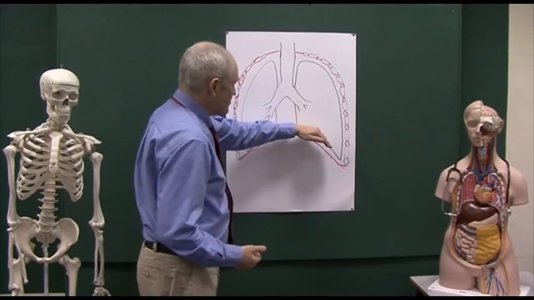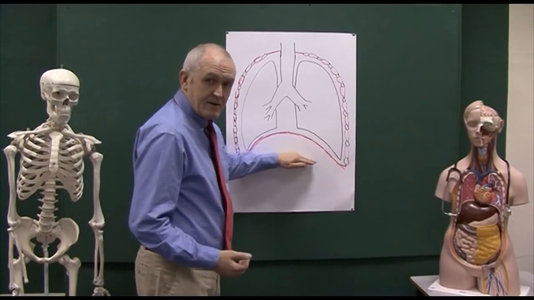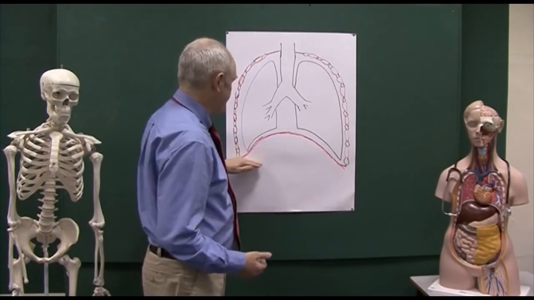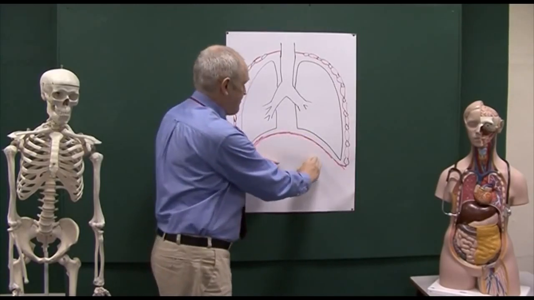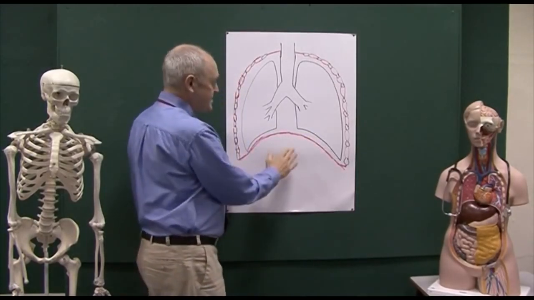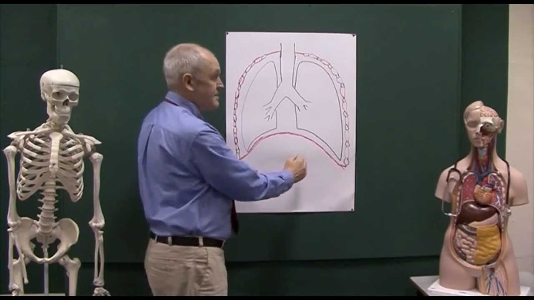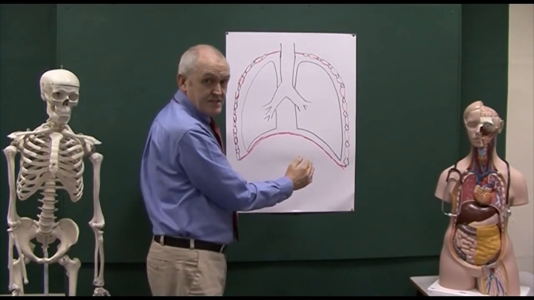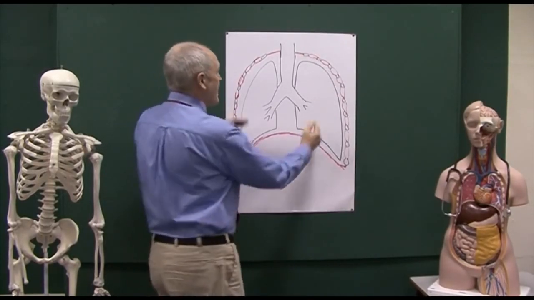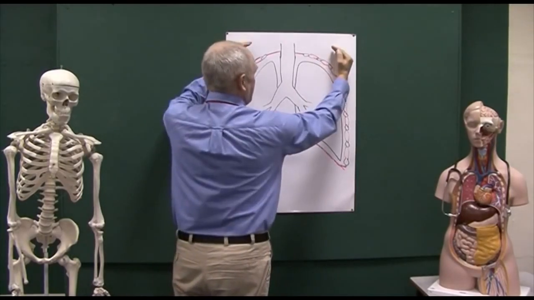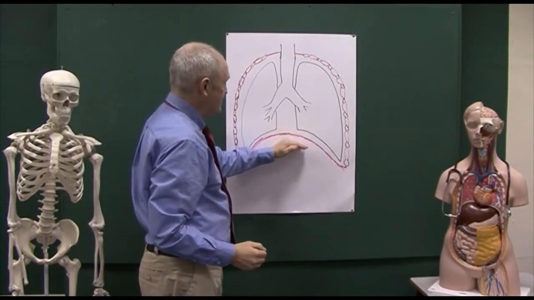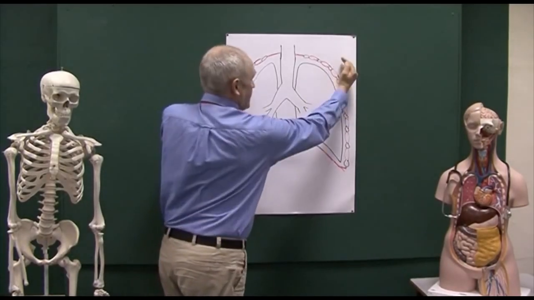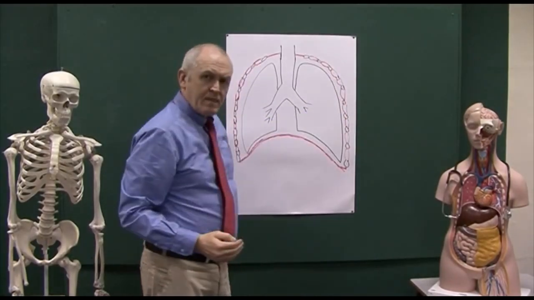So the diaphragm goes down, in fact the diaphragm partially flattens. Active muscular contraction flattens the diaphragm. The intercostal muscles contract, particularly the external intercostal muscles, and that pulls the ribs up and out the way. So to breathe in, the diaphragm goes down, the ribs go up and out.